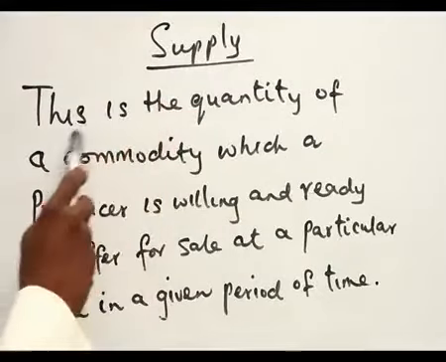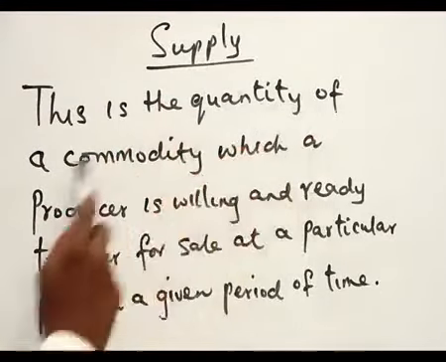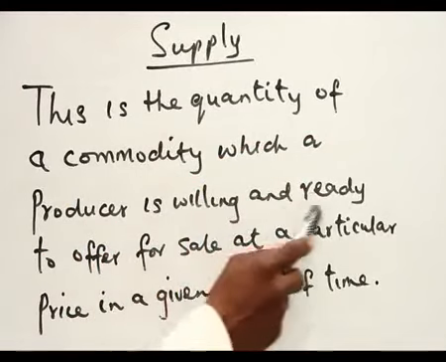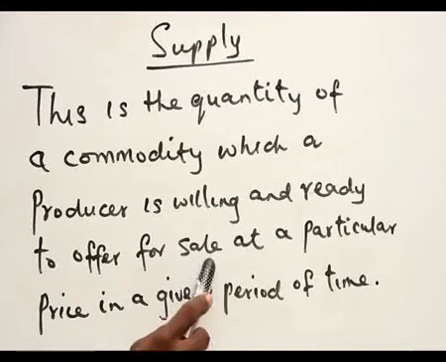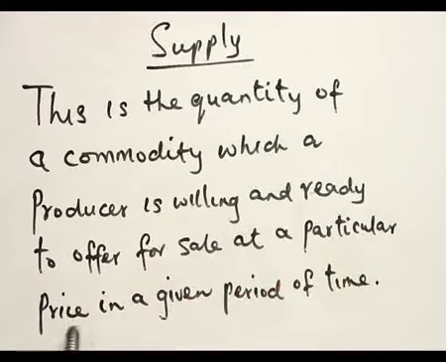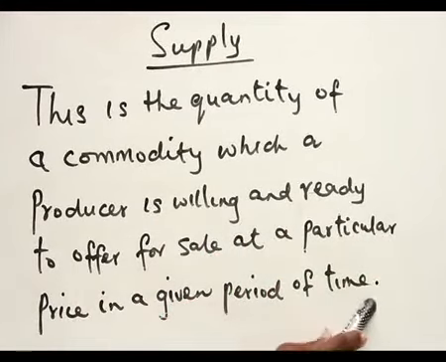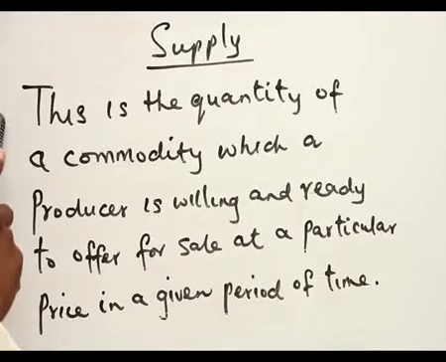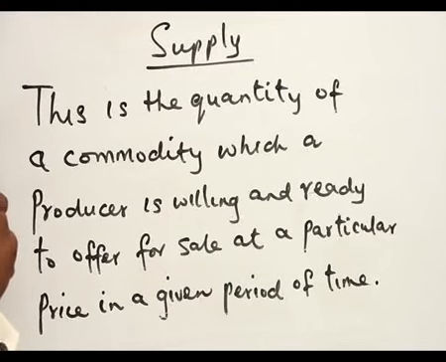Supply. This is the quantity of a commodity which a producer is willing and ready to offer for sale at a particular price in a given period of time. Supply in economics does not imply the total output produced by a firm, but a part of what they have produced that the producer or the firm is willing and ready to take to the market for sale is what we call supply.